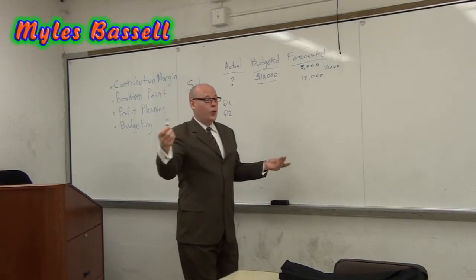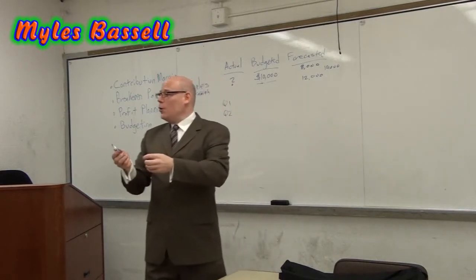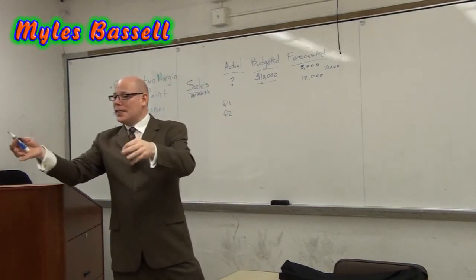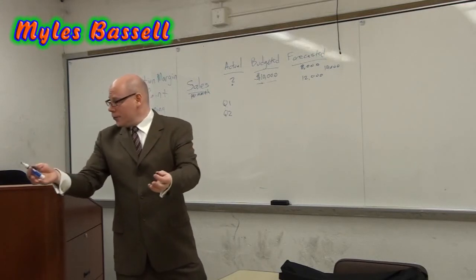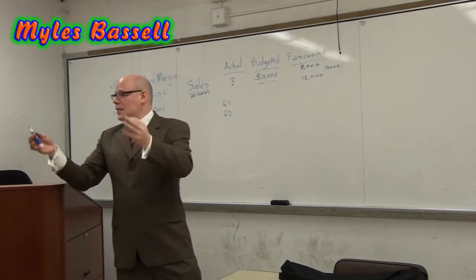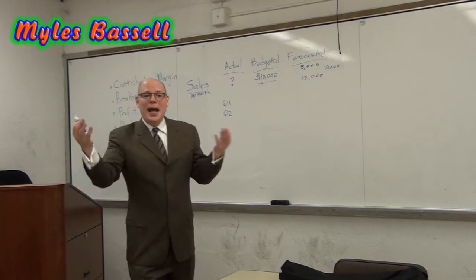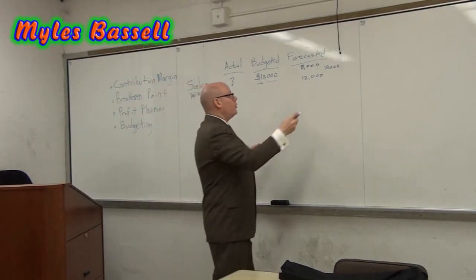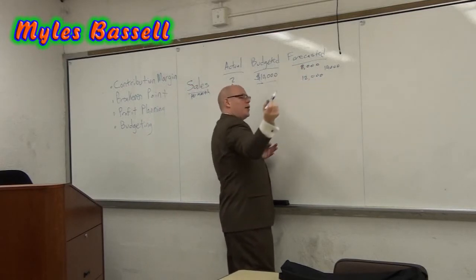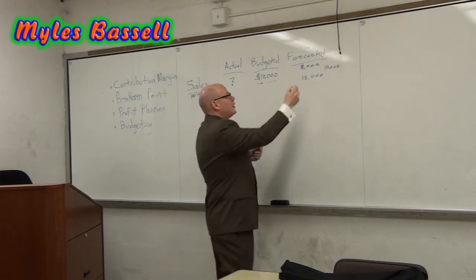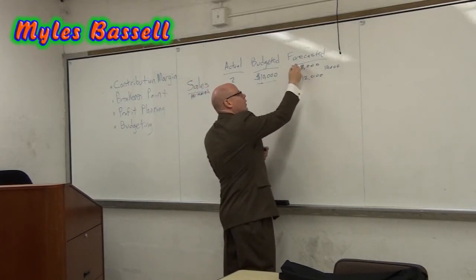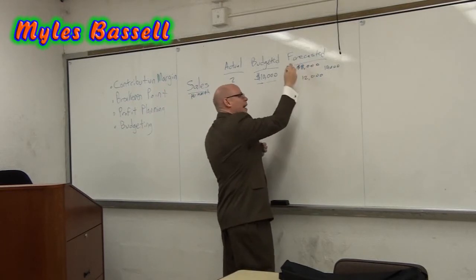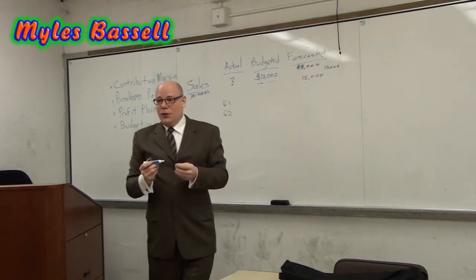So Abigail says, you know, we really thought that we were going to get distribution, we were going to be able to sell our product at Target. But they decided not to carry the product. So now we know that we're not going to be selling at Target, so our forecast is now only 8,000 instead of 10,000.